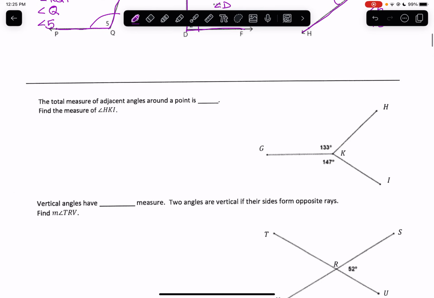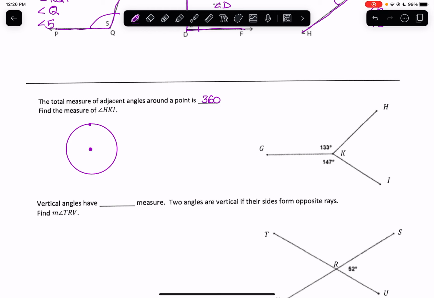Now, the total measure of adjacent angles around a point is 360 degrees, right? If you tell someone to spin at 360 degrees, they're going to end right where they started. So if we start here and we spin 360 degrees, you end right where you started. So you're forming a full circle, right?